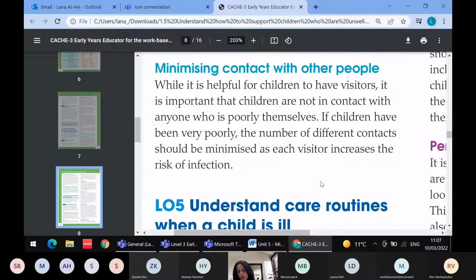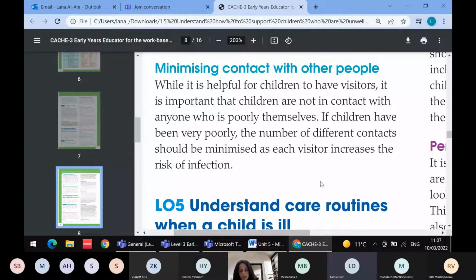How about other things we can do to minimize the secondary infection? Minimizing contact with others. What does it mean? We have to separate the sick people, the sick child. Distance, social distance. Very good. We need distance.